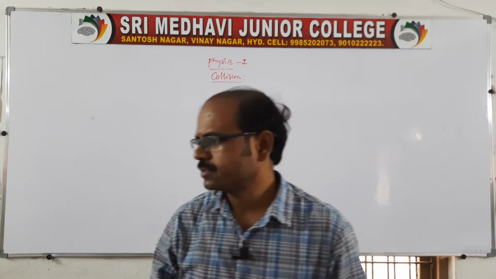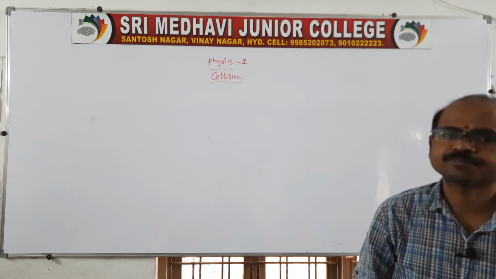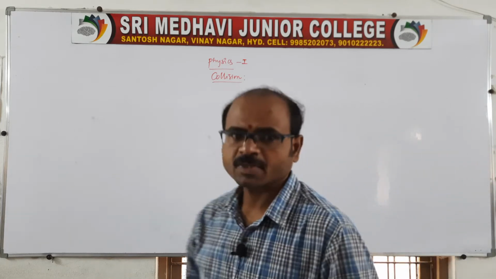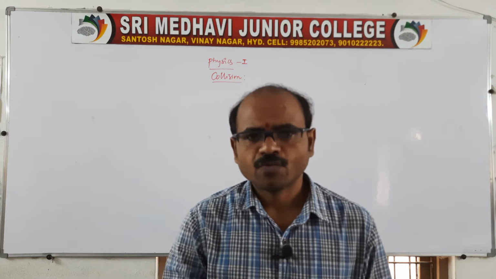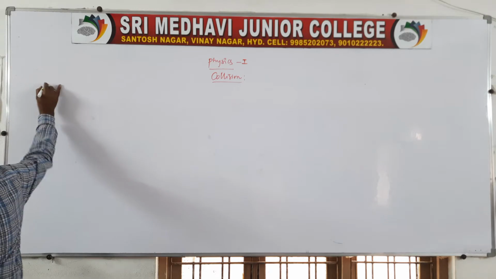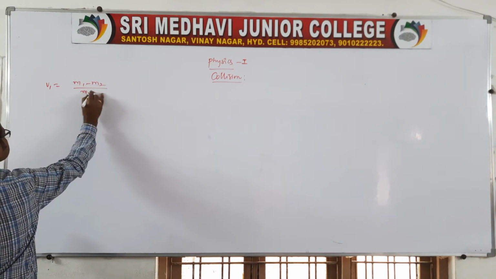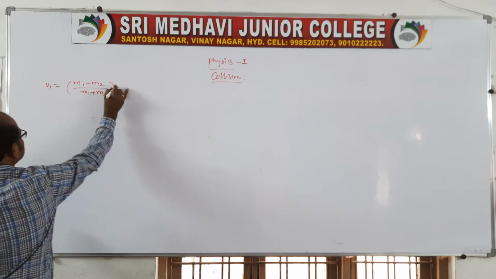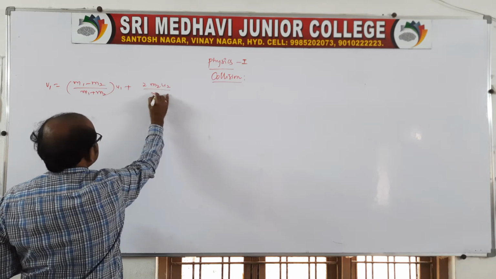In the previous class we discussed collision relations. In that collision, there are two final velocities. Once again I'll write the two final velocities formulas. V1 is equal to (m1 minus m2) by (m1 plus m2) into u1, plus 2 m2 u2 by (m1 plus m2).